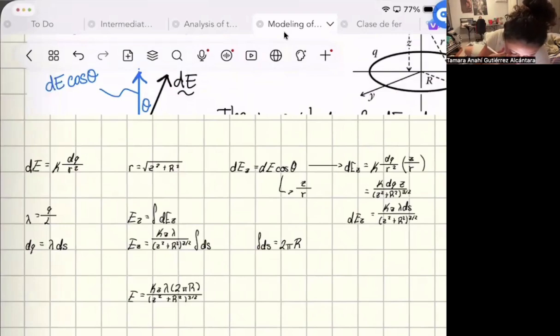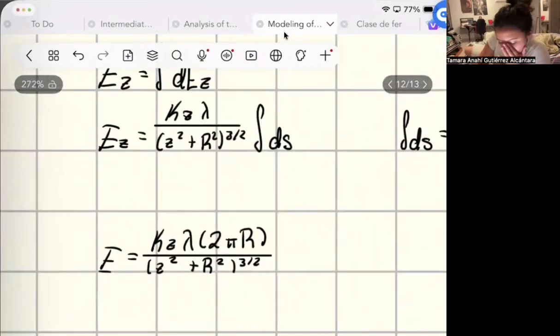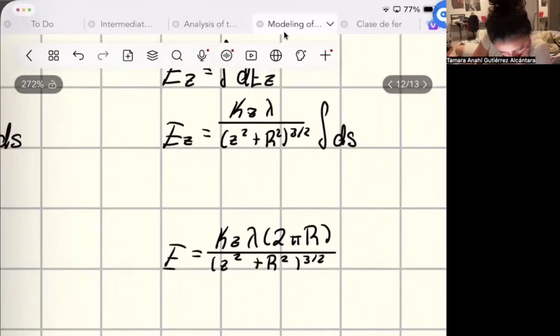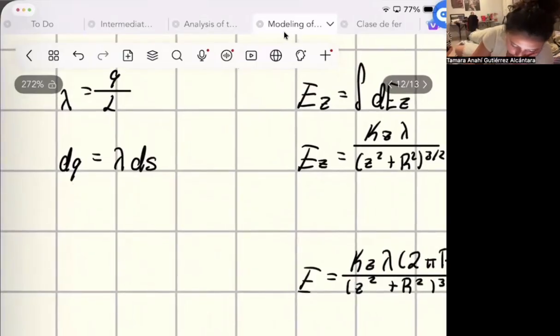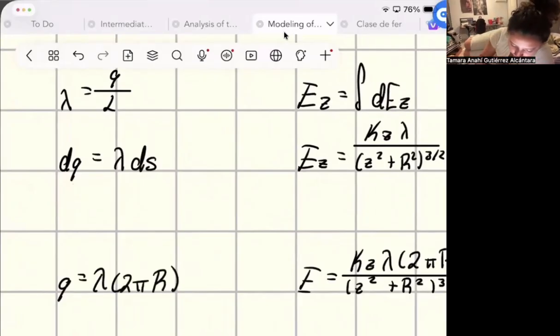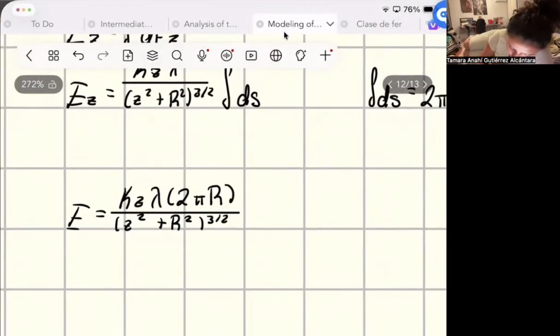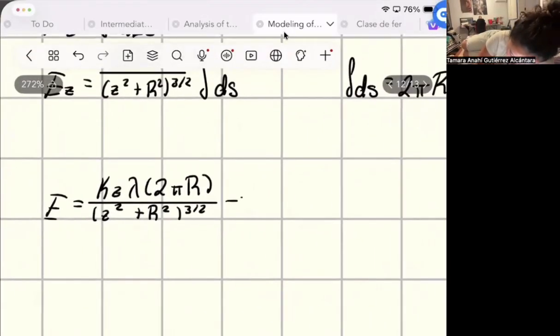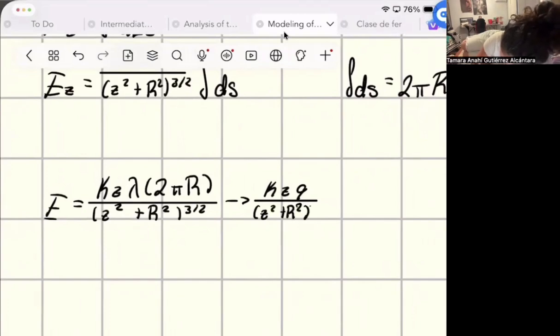And now we know that Q is equal to lambda 2πR. So easily we got k z Q over (z squared plus R squared) to the 3 over 2.